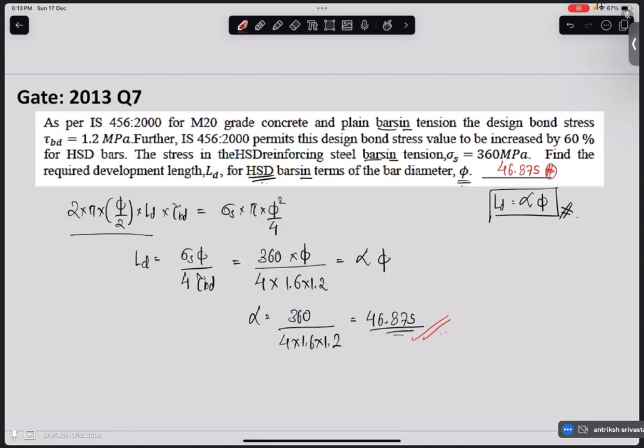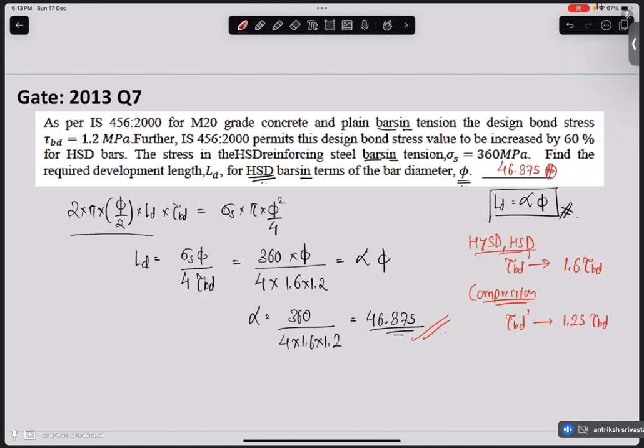You should remember that whenever we have a HYSD bar or HSD bar, then tau BD increases by 60%, and when the steel is in compression instead of tension, then tau BD increases by 25%.